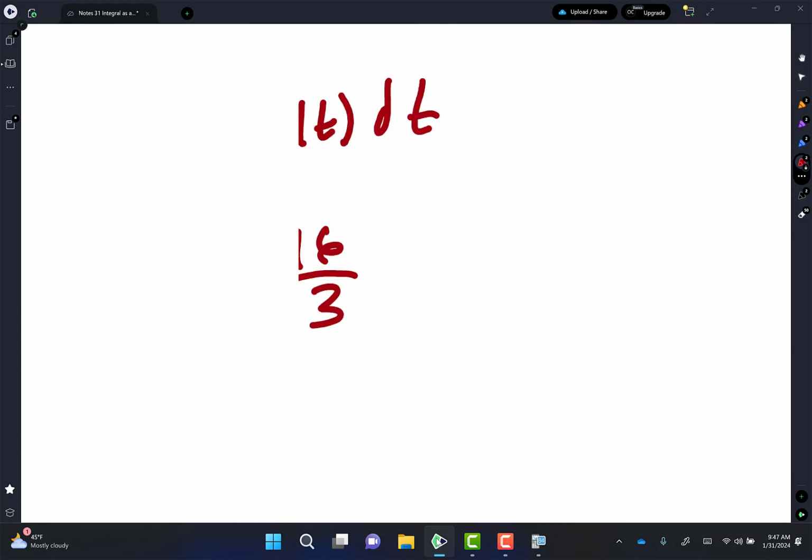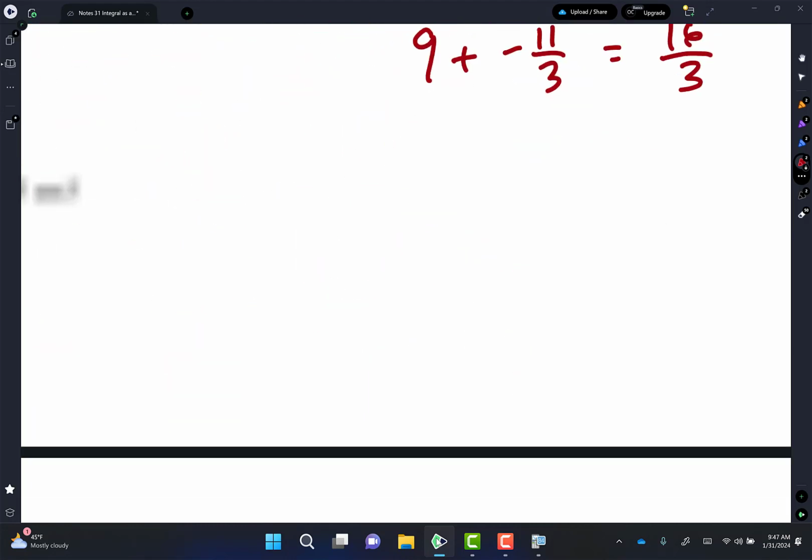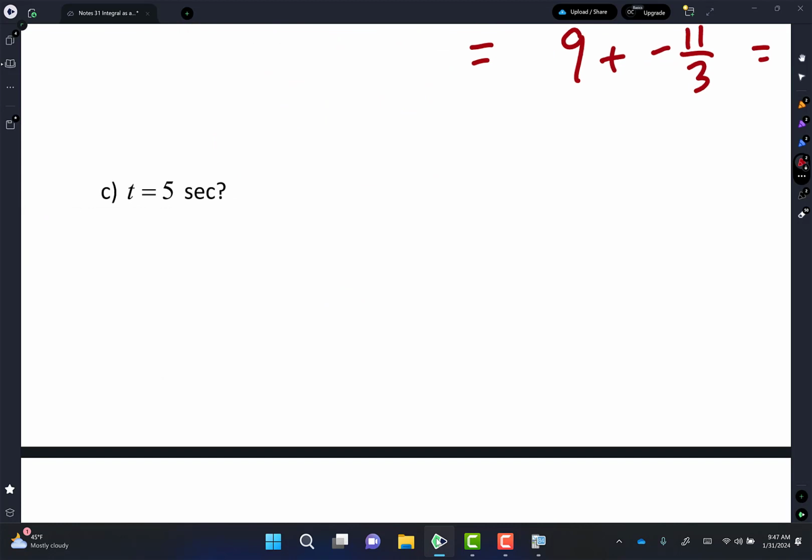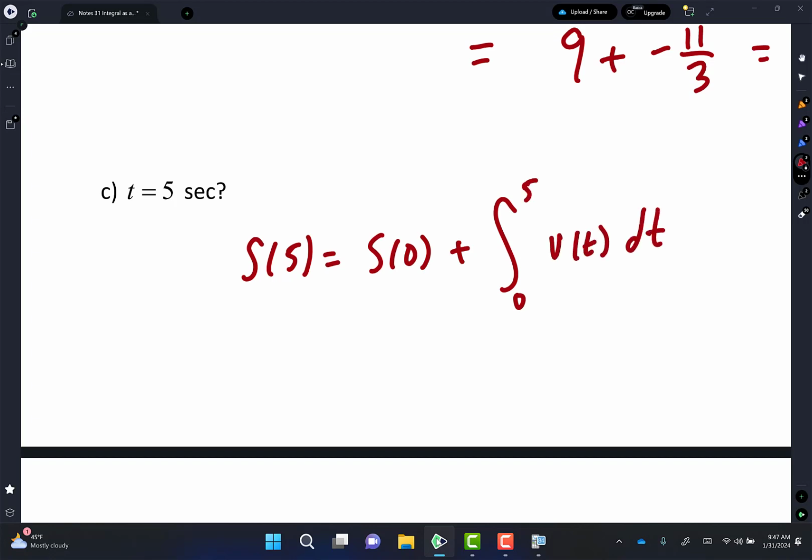T equals 5. So help me out, guys. What do I write? I want my position at t equals 5. So I'm going to write S of 5 equals S of 0. That's what they give me. Plus the integral of what? Perfect. I'm just going to go S of 5, and I'm just going to write the answer.